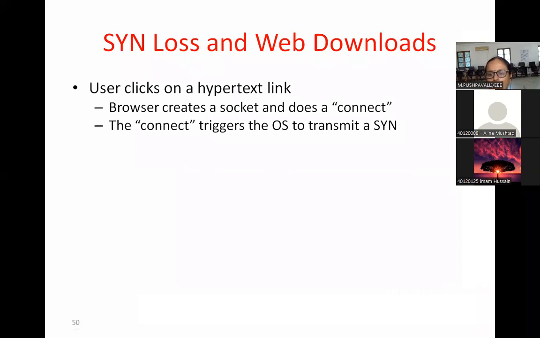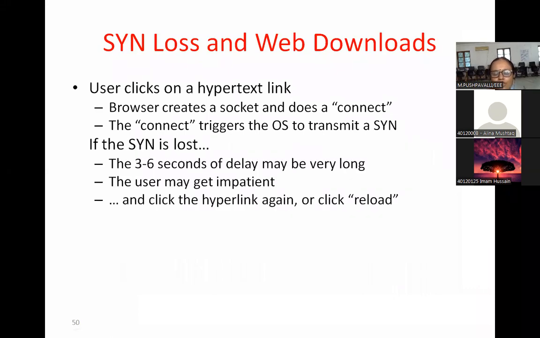Then the packet is lost, for example when the user clicks on a hypertext link. Sometimes the browser creates the connection, and at that time my OS has to transmit the synchronization bit.